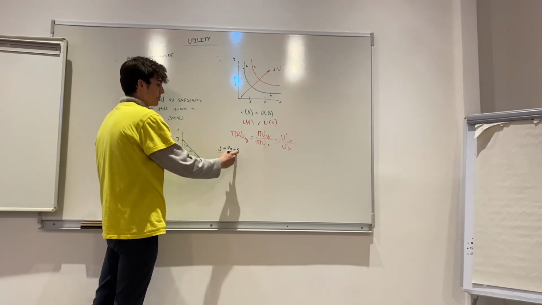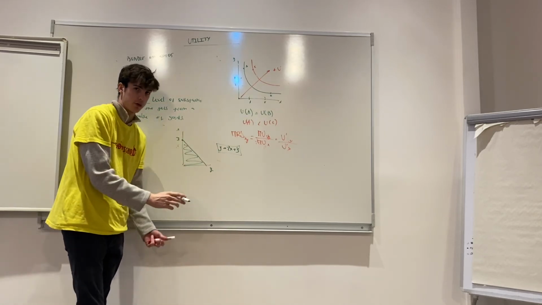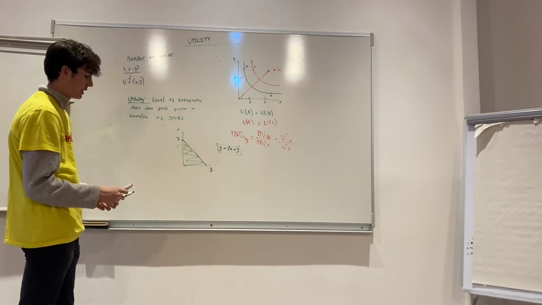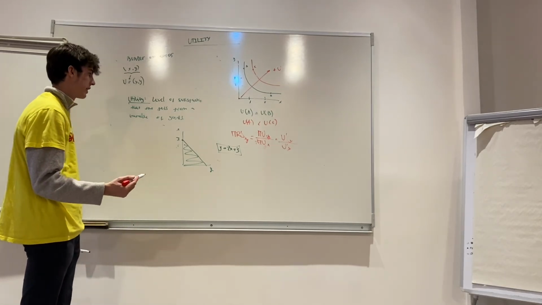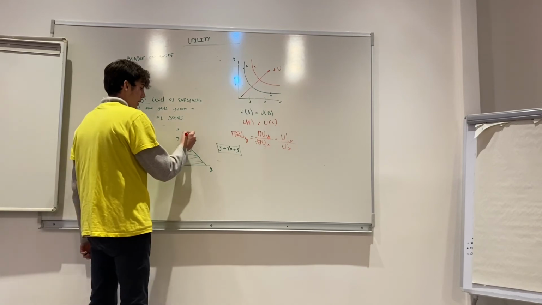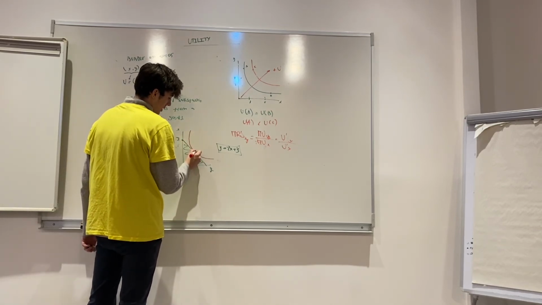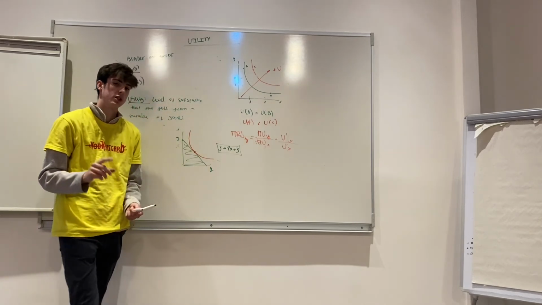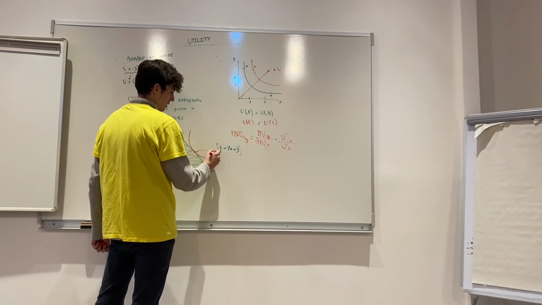The formula will always be given like this, and you will always have to draw it out. In order to maximize your utility, you need to find the utility function that is tangent to the budget line, so it crosses the budget line at one single point. Here, utility is maximized.